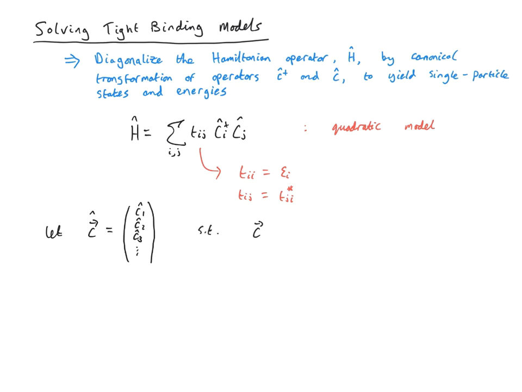The corresponding creation operator vector is just the dagger or the adjoint of this vector I've written down, which means that the individual operators get daggers, but also the column vector turns into a row vector.